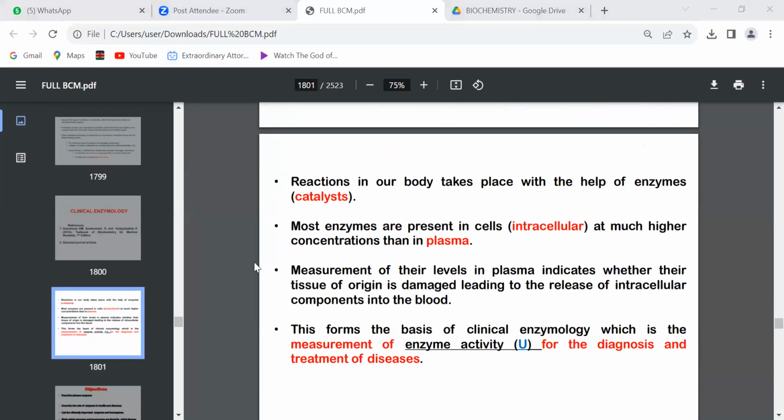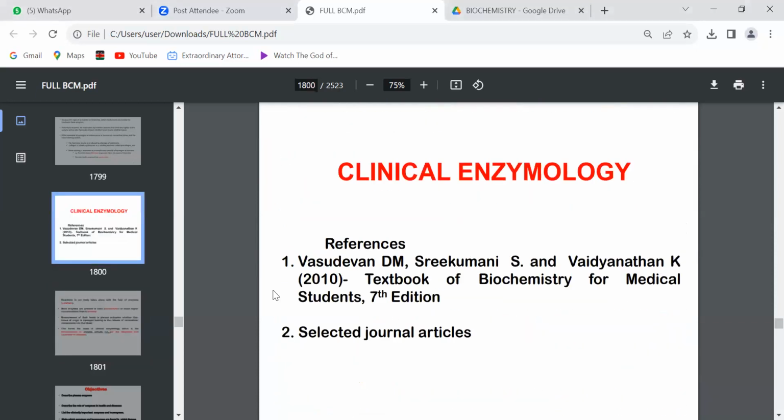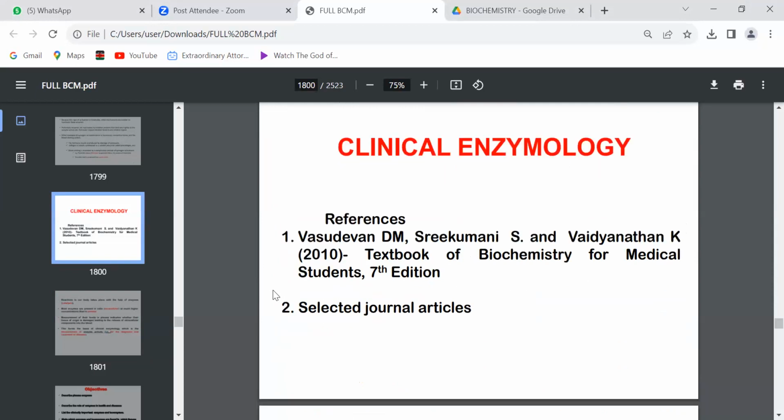Clinical enzymology is basically how we can apply the whole enzymology story to clinical practice. Like, how would you use it to either diagnose or treat?